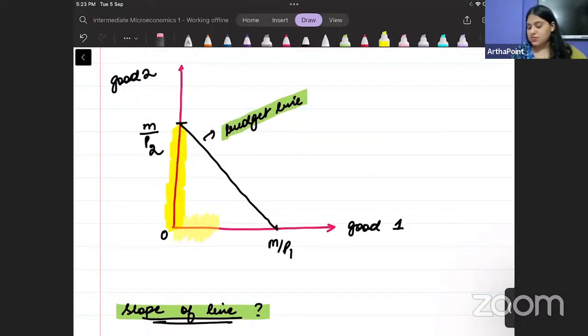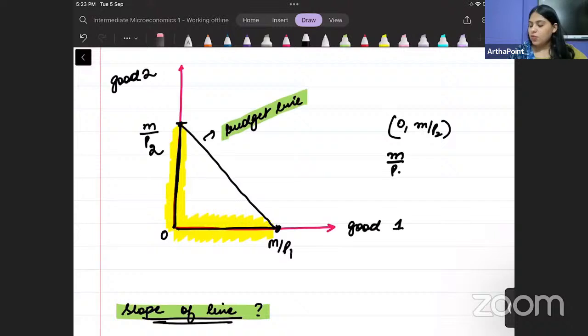Your base is this. So beta, the perpendicular coordinate is 0, m by P2. और जो base का coordinate है, that is m by P1, 0.